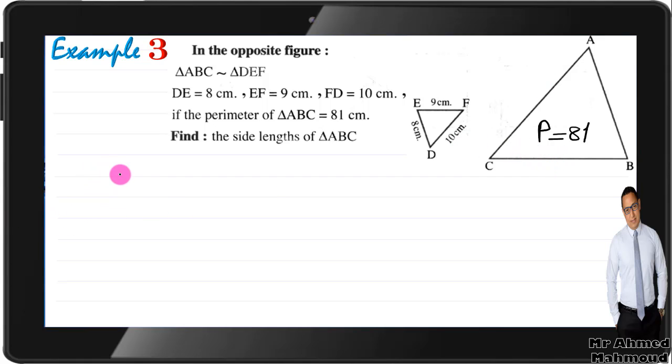Okay, it's better to make the unknown up and the given down. Again, the unknown up.